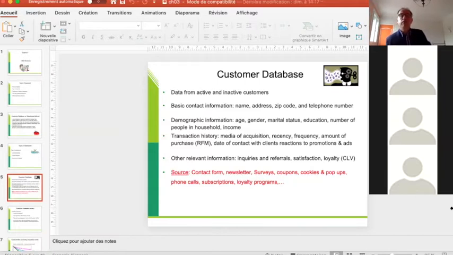For example, the marital status gives you an indication about the needs of the household. A single household has other needs than a married household. It also gives an idea about the life cycle, because if you know that the household is composed of children and a couple, then there are needs that you might know through socio-demographic information.